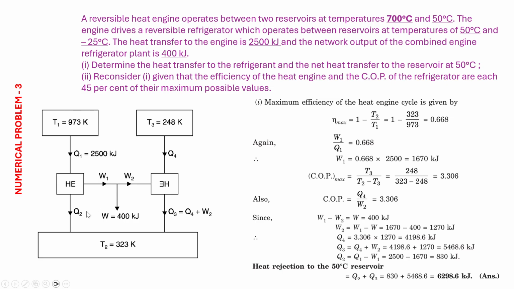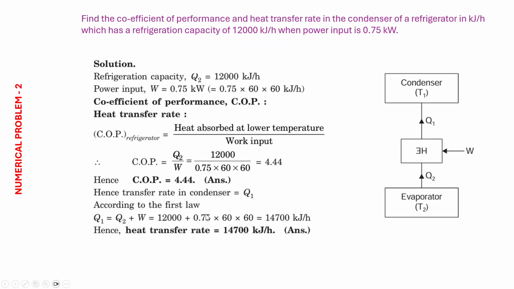Totally, there are four heat transfers involved, out of which we are provided with the value of Q1, and we all know the formula of heat rejected in the case of a refrigerator plant, where earlier we had Q1 is equal to Q2 plus W. This is what we witnessed in the previous problem also.